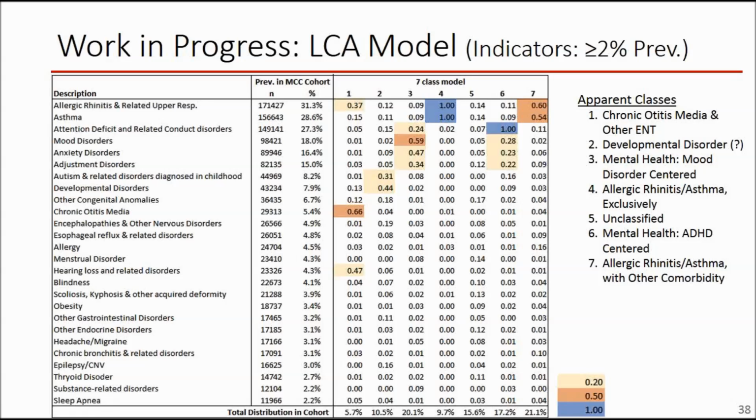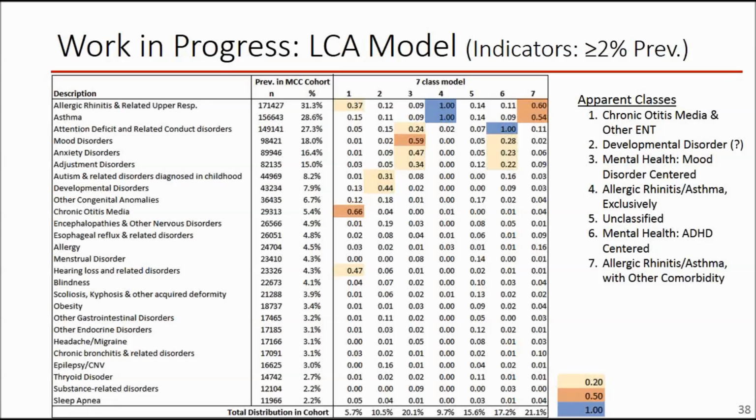So what we've currently landed on is a 7-class model. The way that this is laid out here, you don't pre-specify who the people in your model are going to be. You let the data drive that and classify them based on their characteristics. What is highlighted here in the lightest yellow color, which is a little hard to see on the screen, is whether somebody in that class had a probability of having that indicator of 20% or greater.